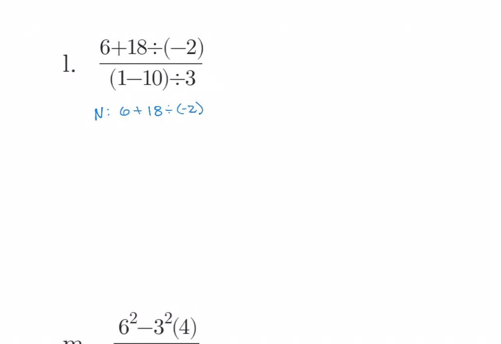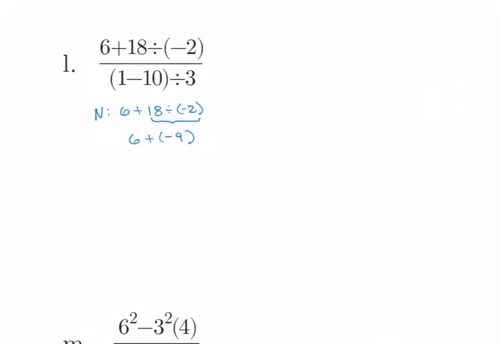First thing I want to do is divide. We get 18 divided by negative 2 is negative 9. You can either write this as 6 plus negative 9 or 6 minus 9. Either way would be considered acceptable.